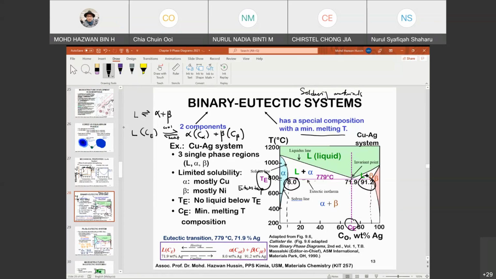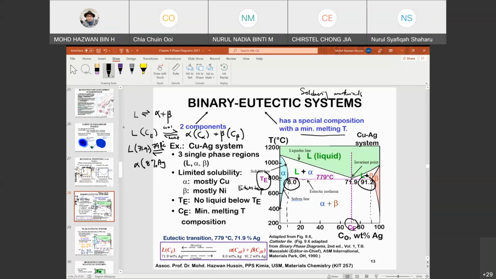So what will be the composition? Now from this phase diagram, you will see that L equals 71.9. Okay. So double head arrow. You can write the temperature over here. The temperature mentioned is almost 800, maybe I just write 798 degrees C. Then you have alpha of 8% silver.